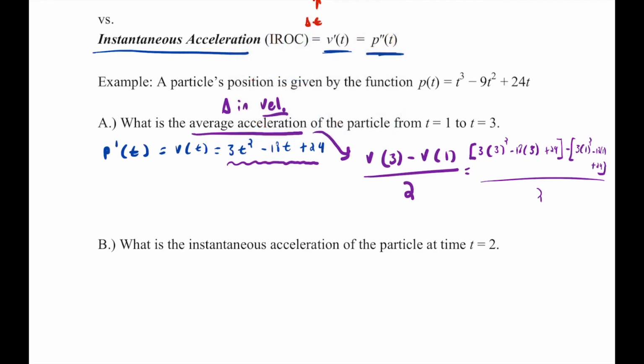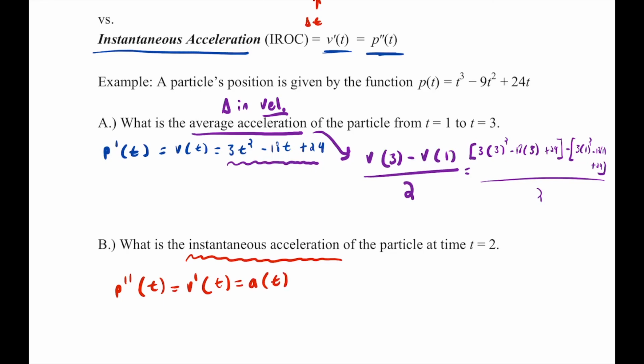But if I just ask you for the instantaneous acceleration, now I'm talking about the second derivative of position, how fast position is changing, right? So the derivative of the velocity function, how fast your speed is changing, that is your acceleration.